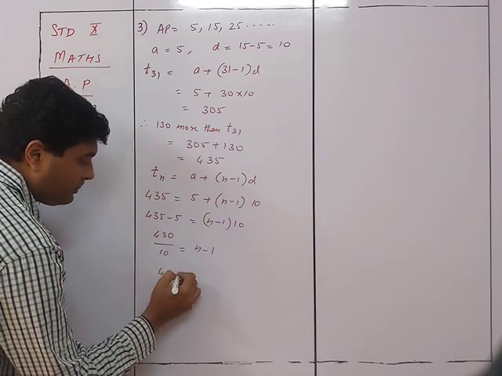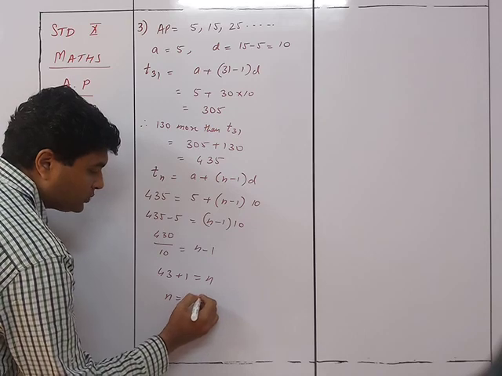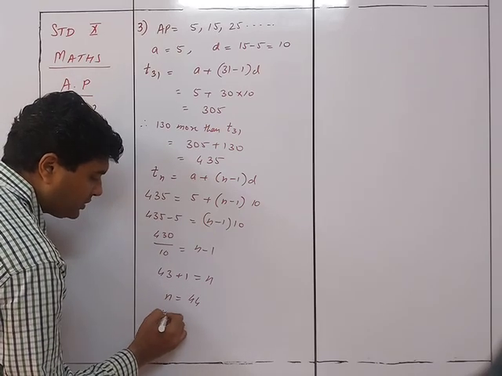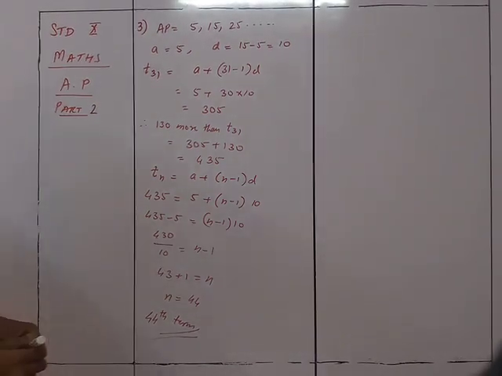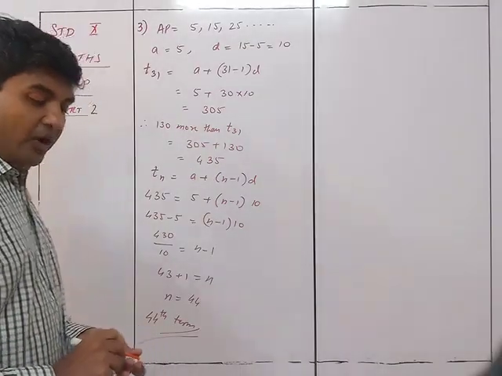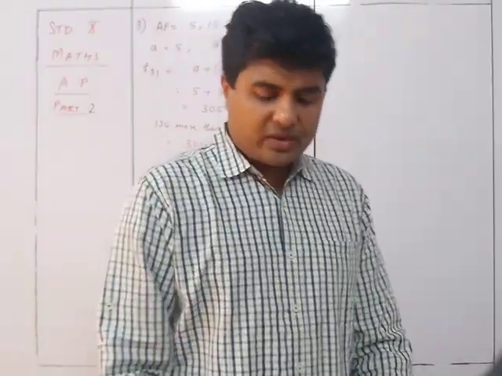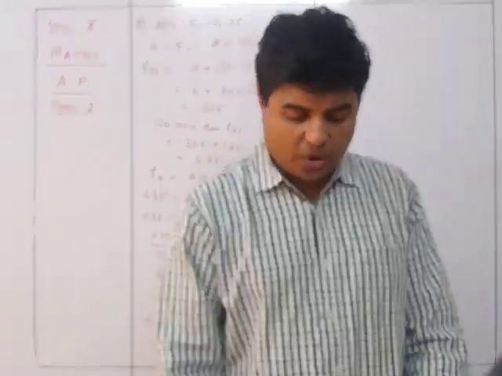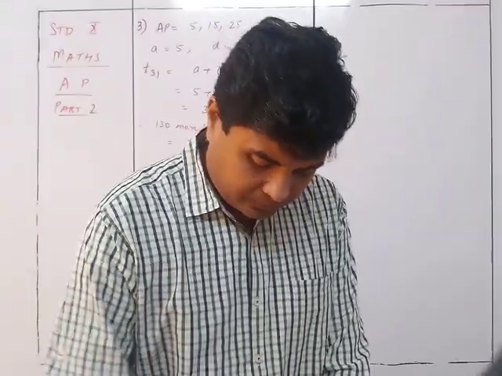So 43 plus 1 is equal to n. So n is equal to 44. So it is the 44th term. Got it? So we get the answer: the 44th term is 130 more than the 31st term of that AP. So the 44th term is the answer.